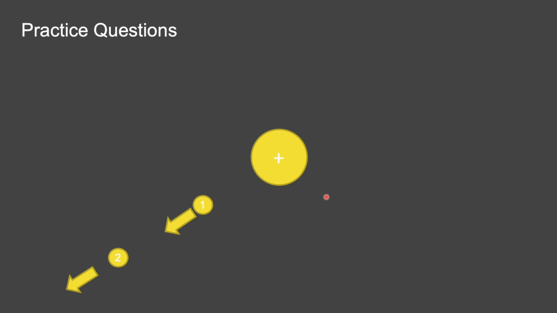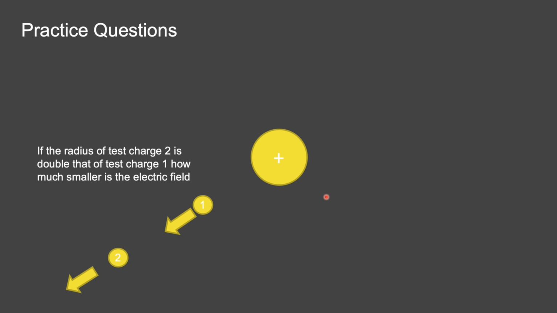But to expand on this, let's say the radius of test charge 2 is double that of test charge 1, how much smaller is the electric field? So to calculate the electric field of test charge 1, we would use this formula that we've learned about before.